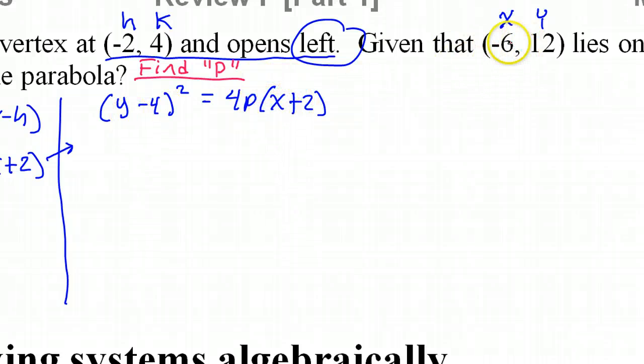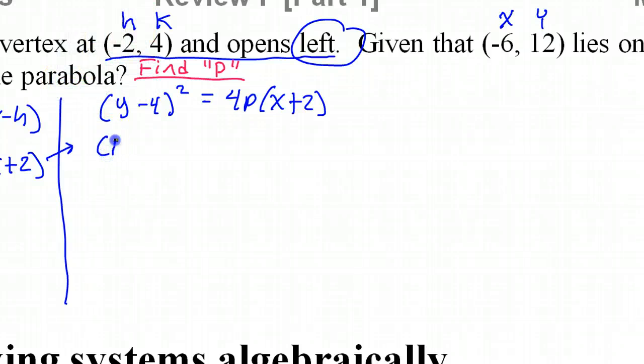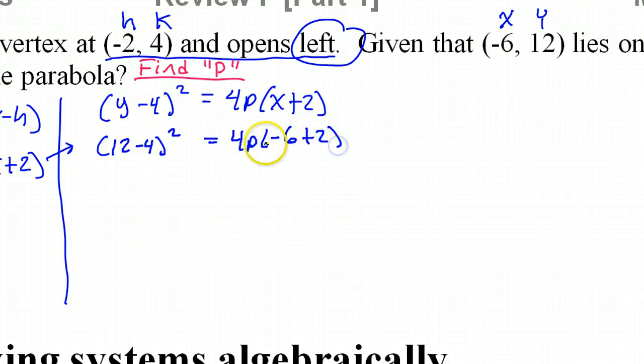So the y value is 12, so this is going to become 12 minus 4 squared equals 4p. The x value is -6, so -6 plus 2. Notice I have everything except for p, so I should be able to solve for p. 12 minus 4, that's 8, so I got 8 squared is equal to 4p times -4.